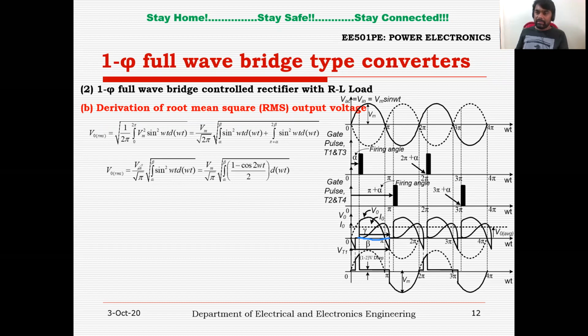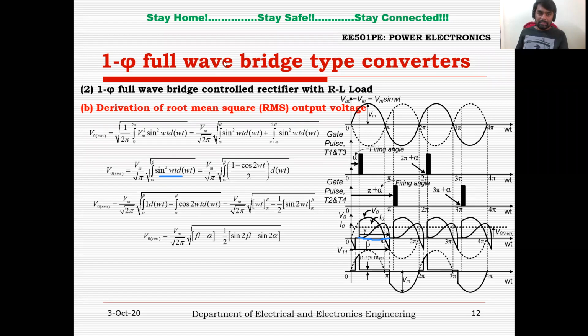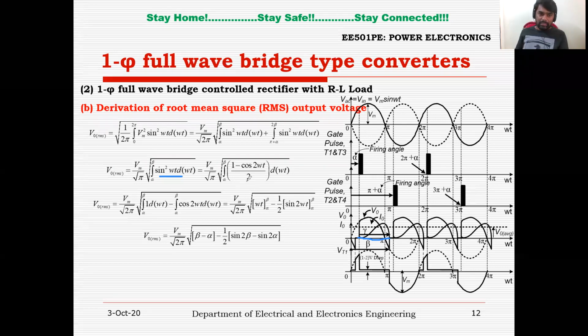So directly I have written here Vm by under root pi. Right, sin square omega t, I can write as 1 minus cos 2 omega t by 2. And you just split this into 2. I can take 2 common. It will be Vm by under root 2 pi, alpha to beta, 1 d omega t, minus integration from alpha to beta cos 2 omega t d omega t.